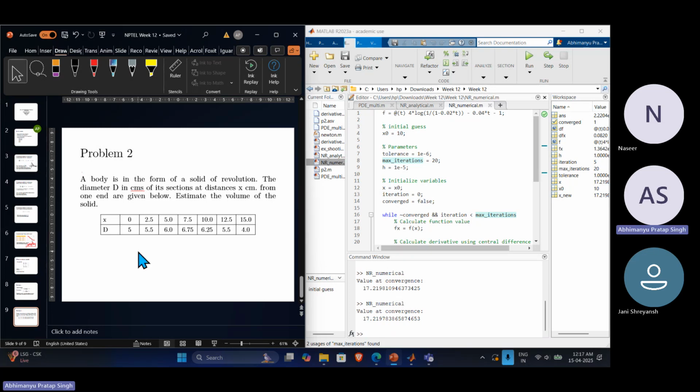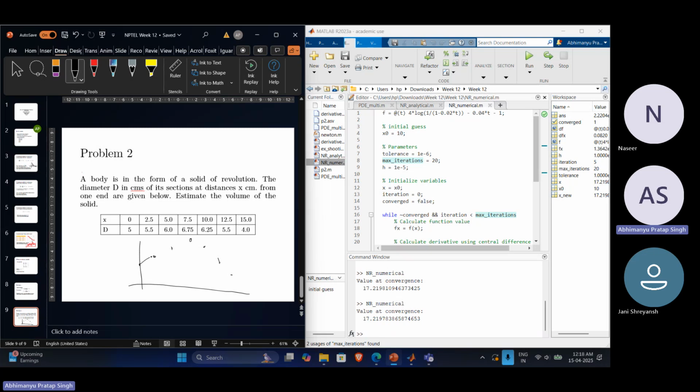Yeah, so this is, we need to find the volume of a solid of revolution for all of the x points. So if I plot these points, they are something like at x equal to 0, it's 5, then 5.5, then 6, then 6.75, then 6.25, then 5.5, and then 4.